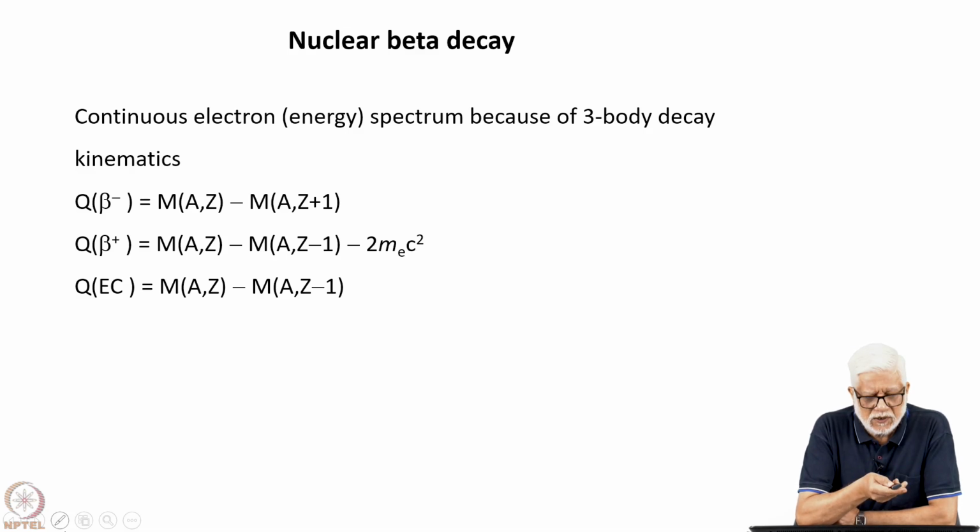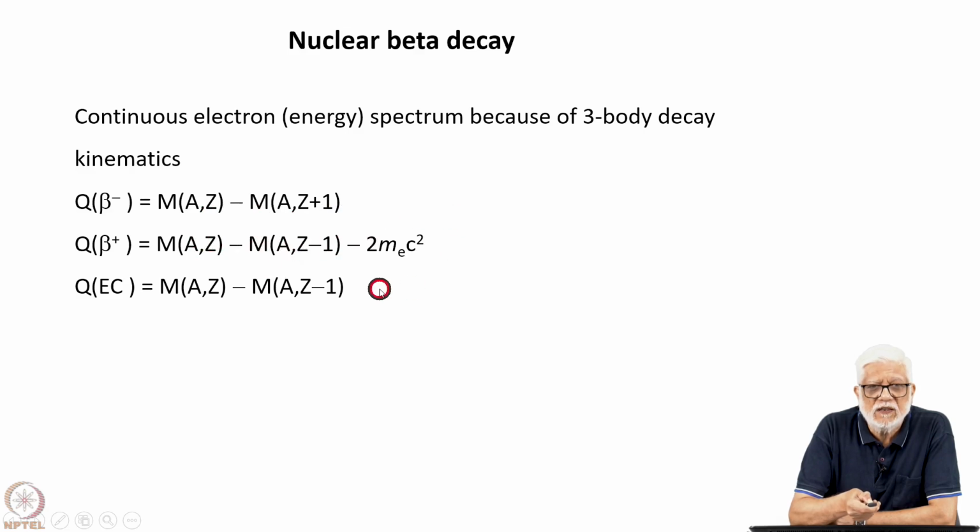Okay, so the energetics of this is that the Q value of course has to be positive if this beta decay has to take place. In the case of beta minus decay, M(A,Z) has to be greater than M(A,Z+1), because when a beta is emitted, you have to conserve electric charge, so this has to go to Z plus 1. Similarly, for Q beta plus, the sum of these two has to be positive, because the Z has one more electron than Z minus 1.